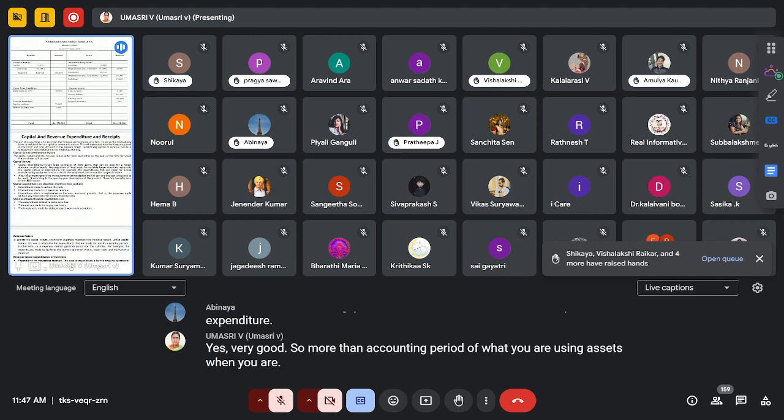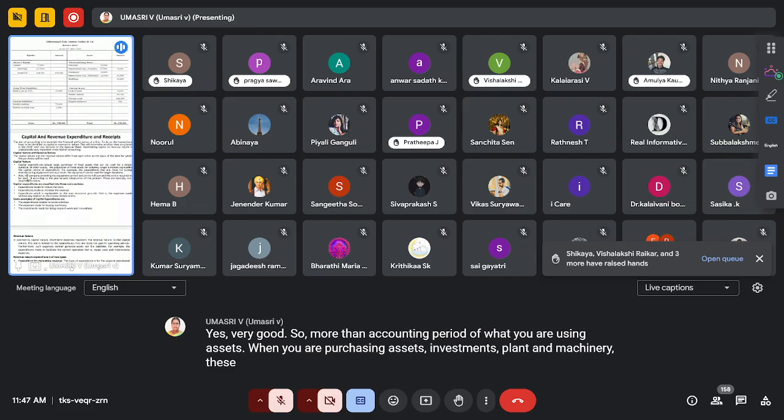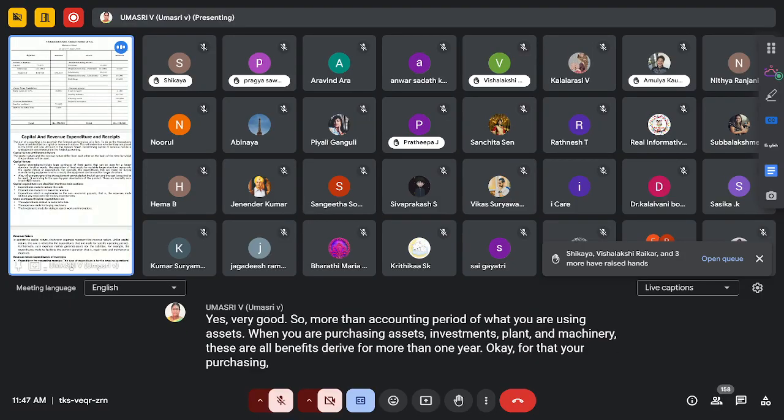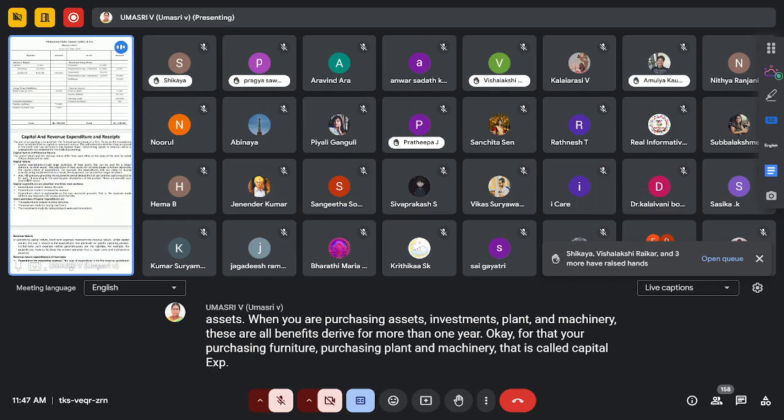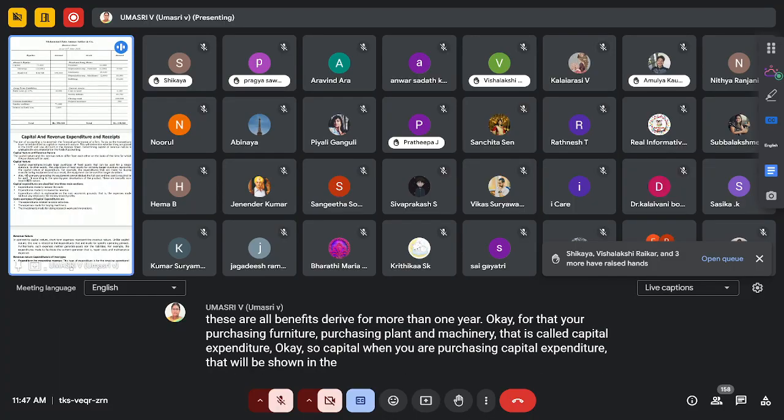Assets. When you are purchasing assets, investments, plant and machinery, these are all benefits derived for more than 1 year. For that you are purchasing furniture, plant and machinery. That is called capital expenditure. So when you are purchasing, capital expenditure will be shown in the assets. Take it as an asset, right?